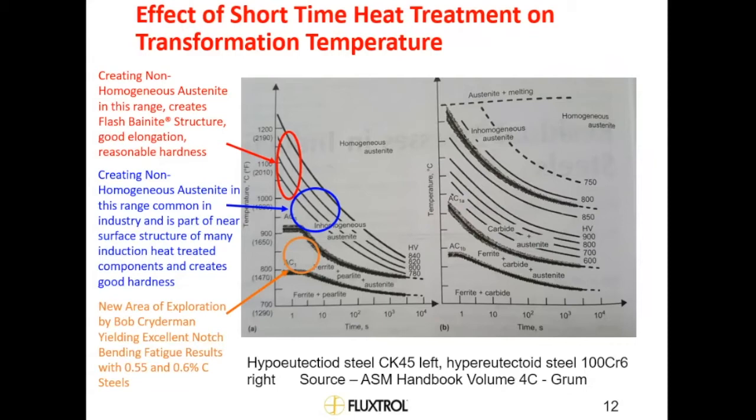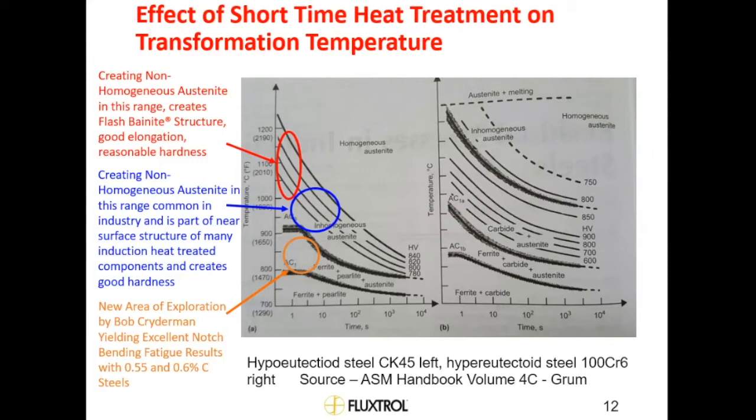If you look at the blue circle, this is typically the range of temperatures and times that you see in a typical induction heat treatment. And what you notice is that generally there's an inhomogeneous austenite structure that's transformed to your finished martensitic properties.